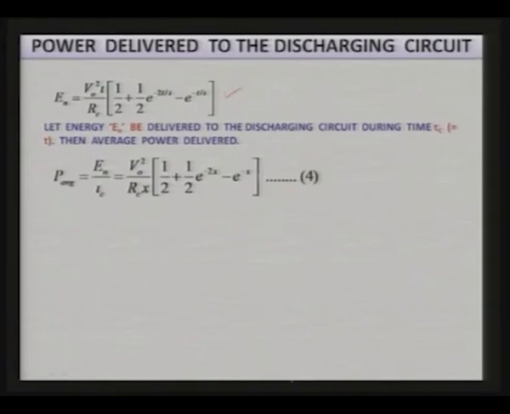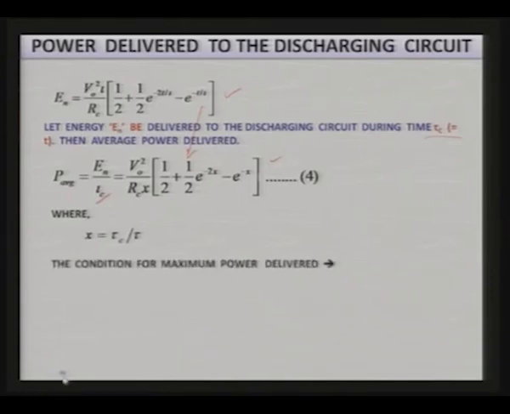Now, during that time let tau c is equal to T, then average power delivered will be given like this, that is P average is equal to E n over tau c, that is the time, that will give you the power, V 0 square over R C into 1 by 2, this you can obtain from here by substituting the value of 1 by 2 e raised to power minus 2 x minus e raised to power minus x, where x is equal to tau c over tau.